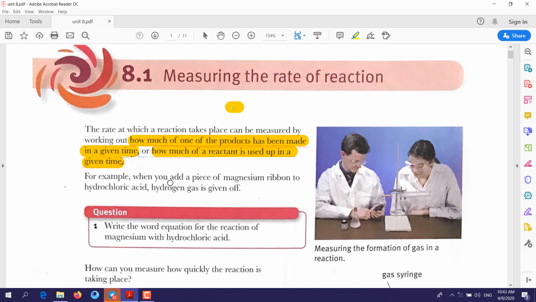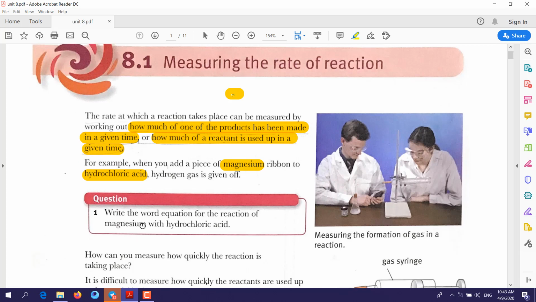Here it says when you add a piece of magnesium ribbon to hydrochloric acid, hydrogen gas is given off. So magnesium and hydrochloric acid are examples of reactants, and hydrogen gas is the product.